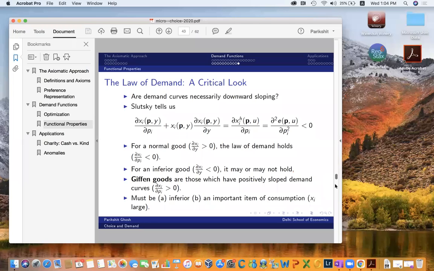There may be other reasons why sometimes demand curves may be positively sloped. Let me give you 1 or 2 examples. So for example, demand for luxury cars like Lamborghinis, which very rich people buy.